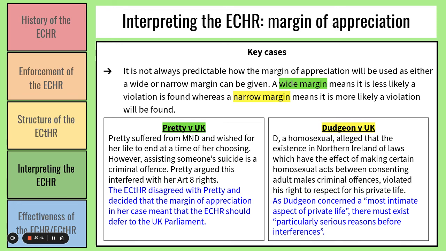So there must be particularly serious reasons for interferences into private life. So therefore, in this case, a narrow margin of appreciation was found and a violation was then found because this was to do with the very personal life of individuals. Pretty, on the other hand, would then affect the whole laws in the UK. So they're two very different cases.